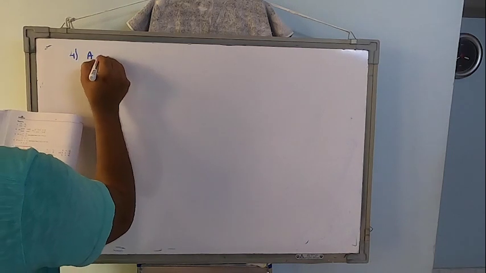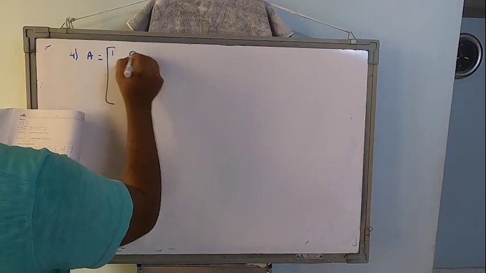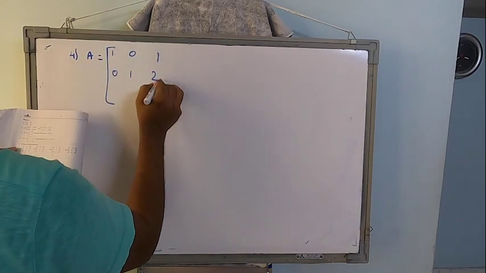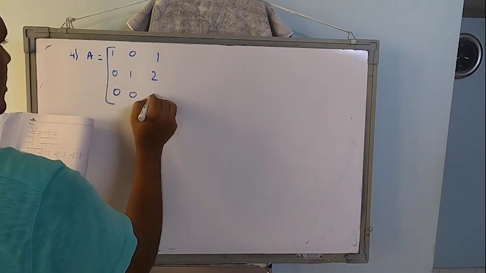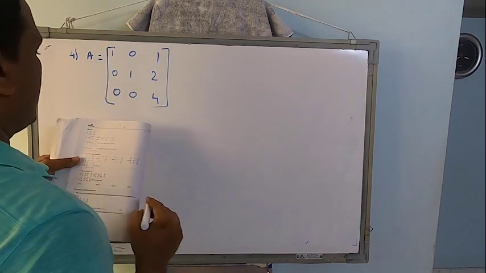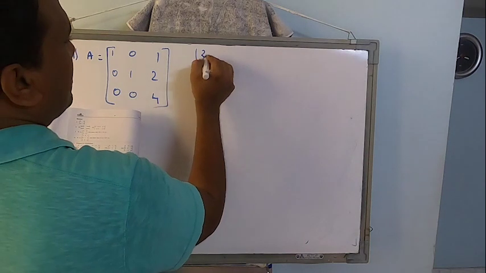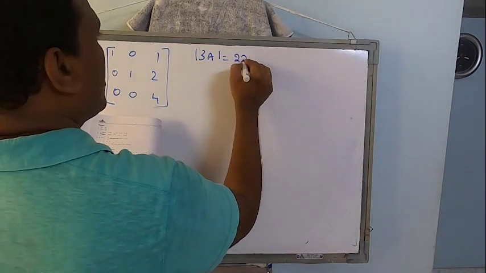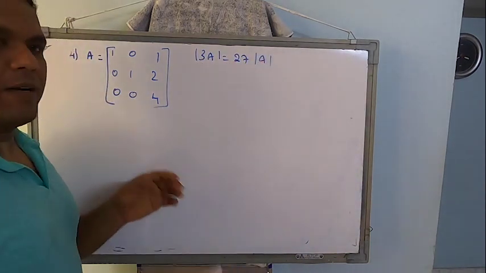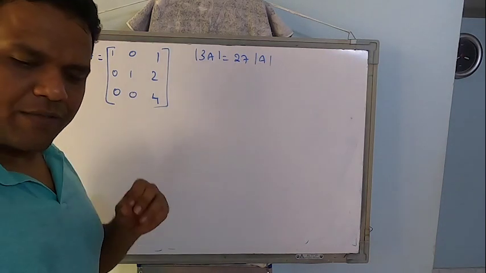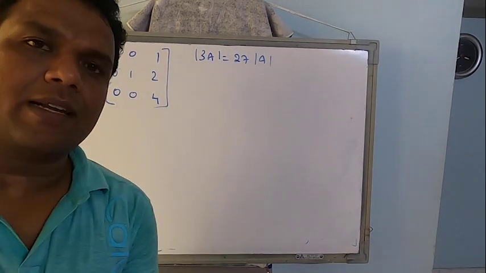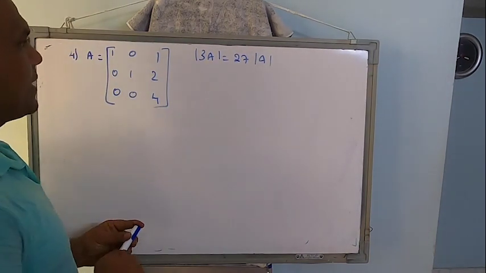So in this, let's go for problem number 4. Matrix A is given as 1, 0, 1, 0, 1, 2 and 0, 0, 4. What they're asking: show that determinant of 3A is equal to 27 multiplied by determinant A. We have to show this, just similar to the previous one. Let us find out LHS and RHS separately and we will equate. Correct? Okay.